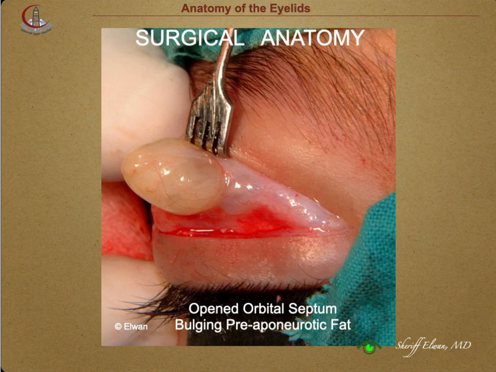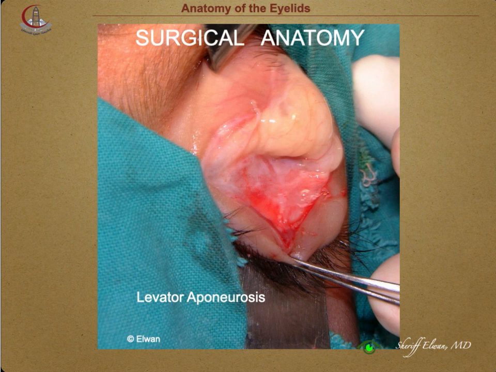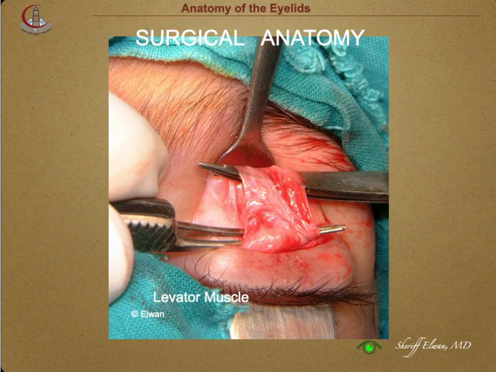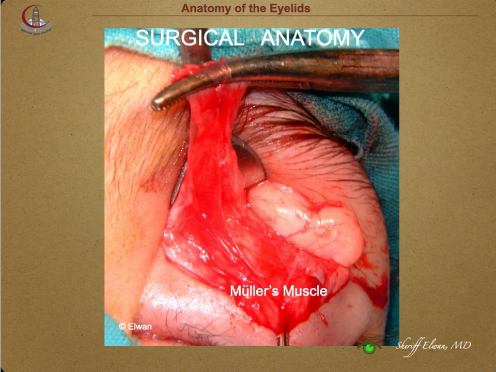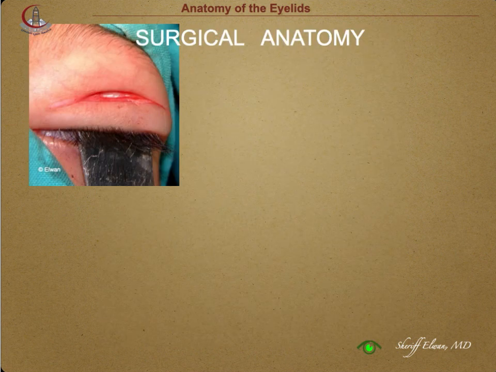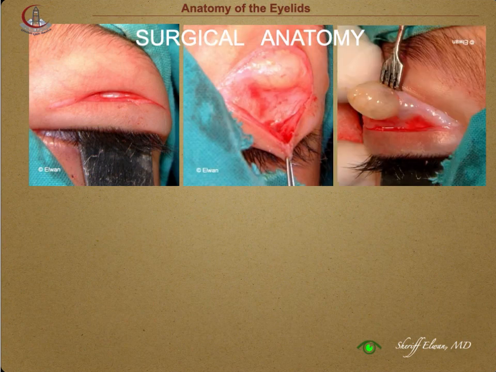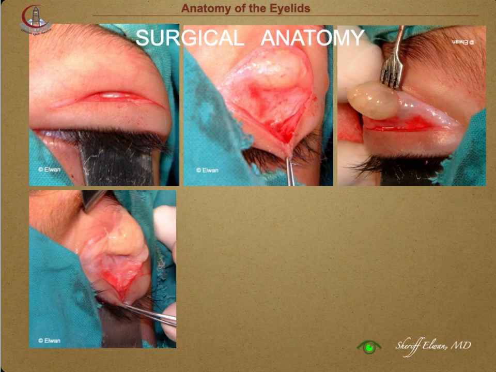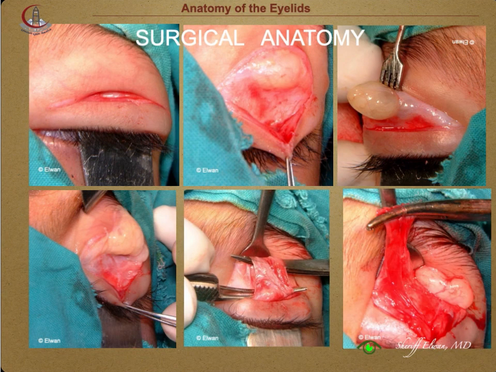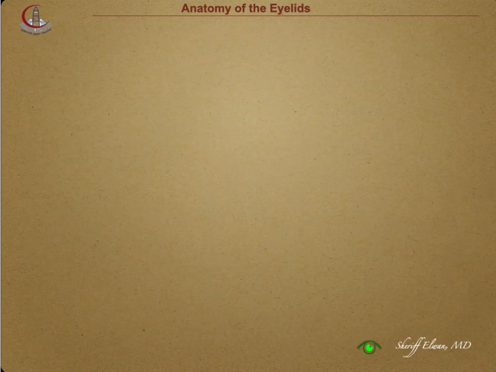If we open this septum, the fat comes out, and if we retract the fat, we can see the levator aponeurosis, and this is dissecting the levator aponeurosis. And if we cut it from the tarsus, we can see the deeper fibers of Müller's muscle. Skin, orbicularis, septum, preaponeurotic fat, aponeurosis, and Müller's muscle.